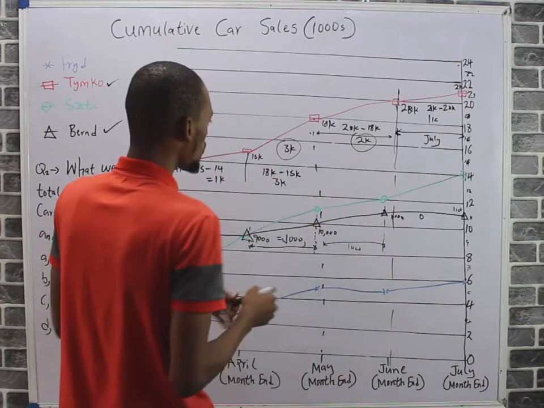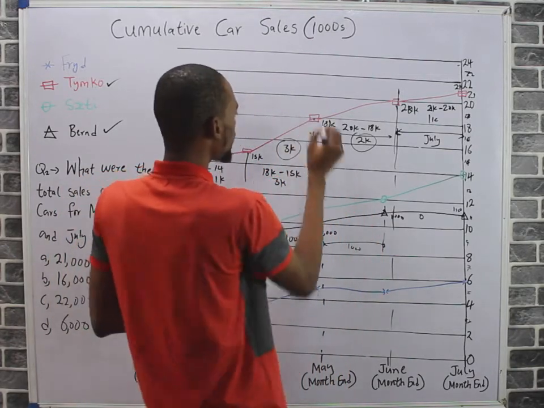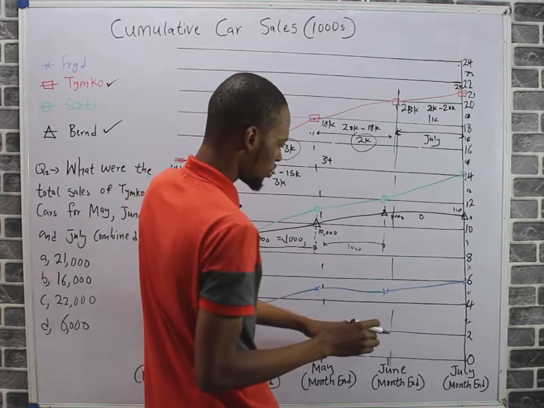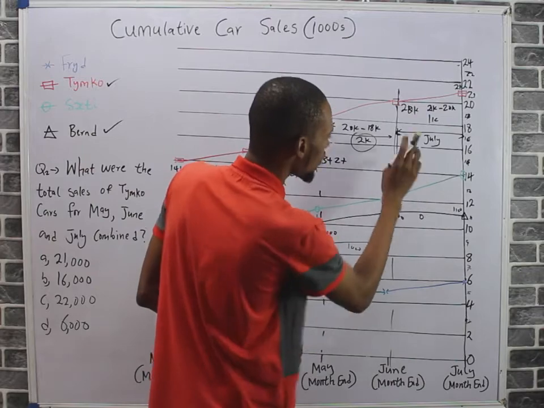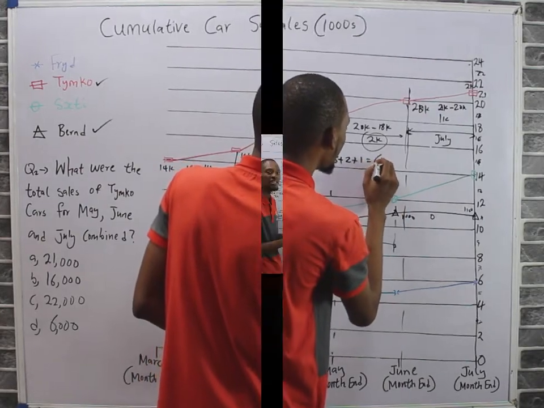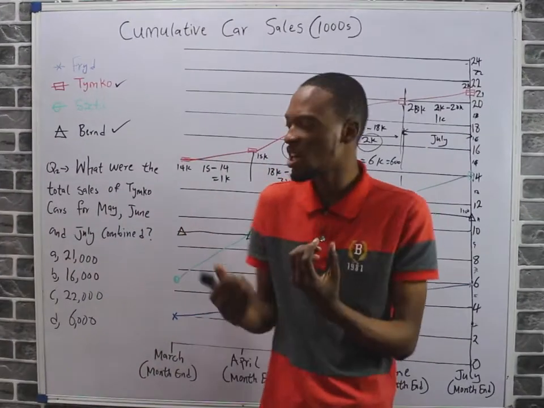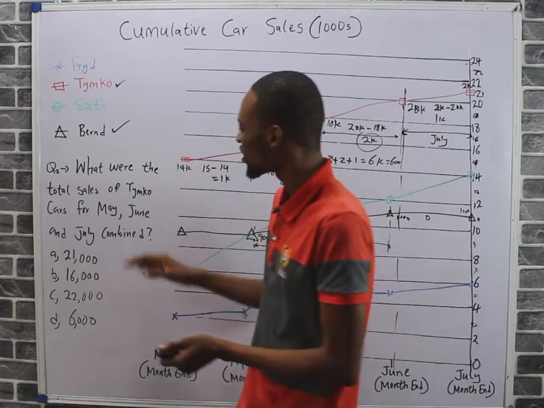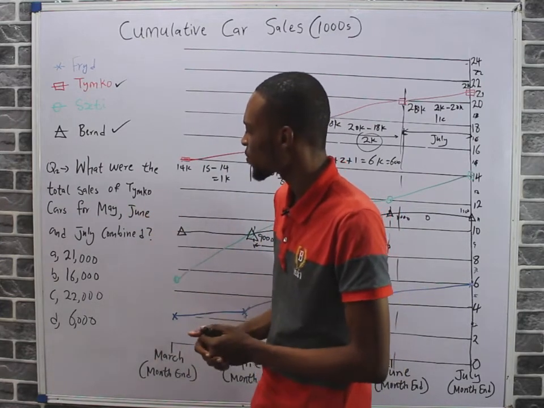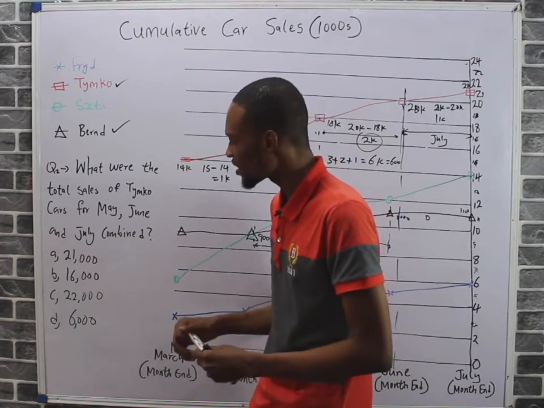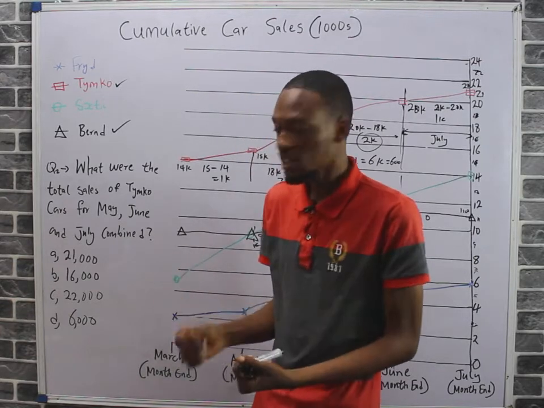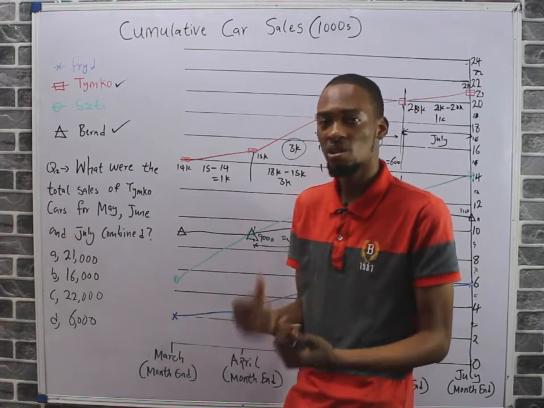This means we start from May. May 3k plus June 2k plus July 1k is equal to 6k. So they sold 6,000 cars combined in May, June, and July. A says 21,000, B says 16,000, C says 22,000, and D says 6,000.